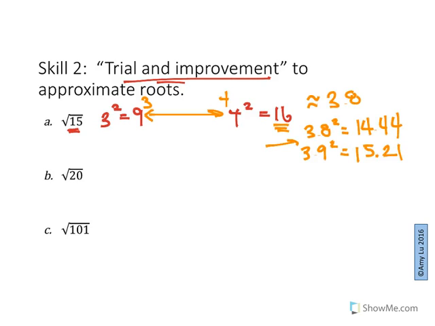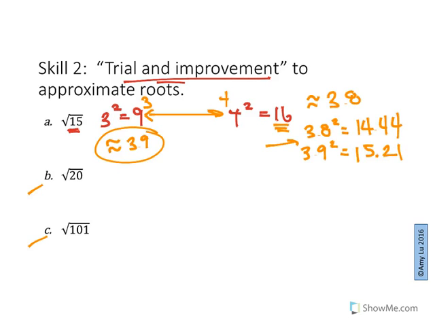So clearly it has to be somewhere between 3.8 and 3.9. Depending on whether the problem asks for 1 decimal place or 2, you'll probably end up trying 3.81, 3.82, 3.83, until finally you hit something close to 15 but not going over. However, if it asks for 1 decimal place, you can say that the answer is approximately 3.9.